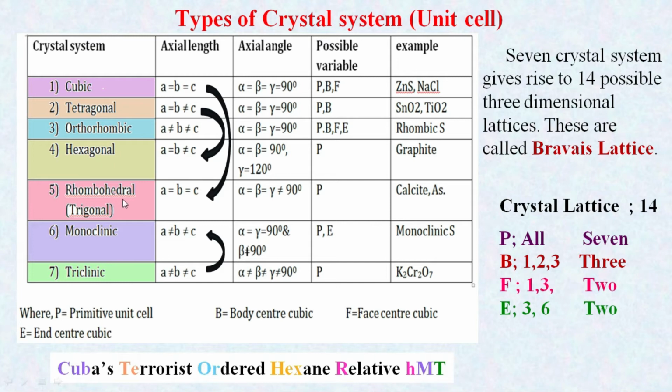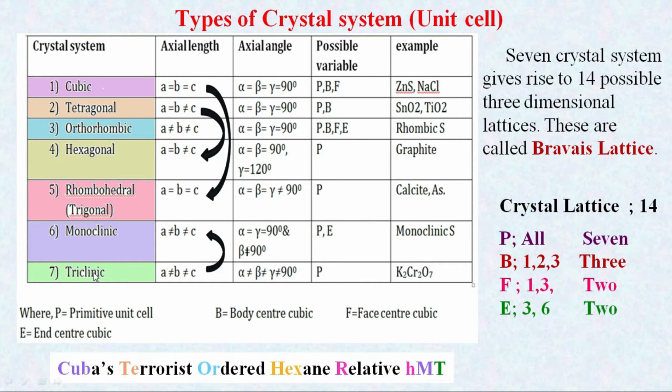So this rhombohedral also has another name, that is trigonal. Next one is capital M, which stands for monoclinic, and last is capital T, which stands for triclinic. So these last 2 are the 2 clinics without doctor. A simple way to remember these 2. Okay, so these are the 7 systems.